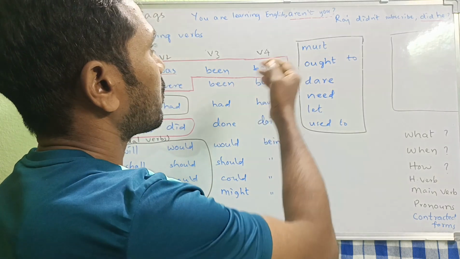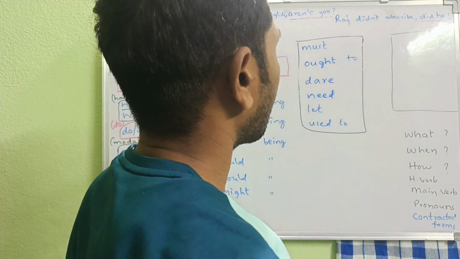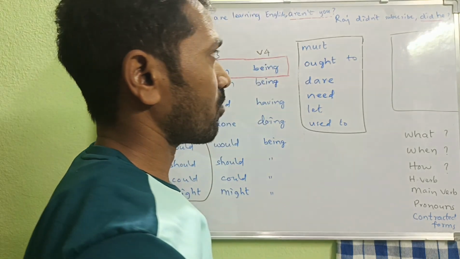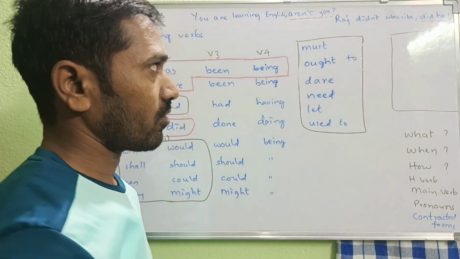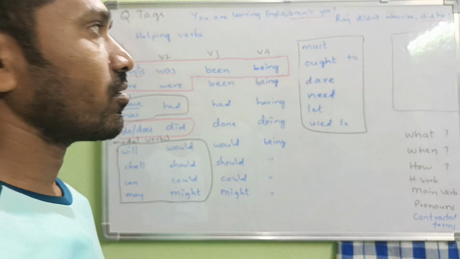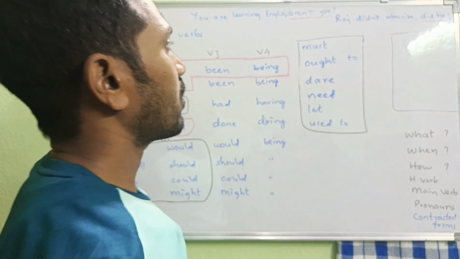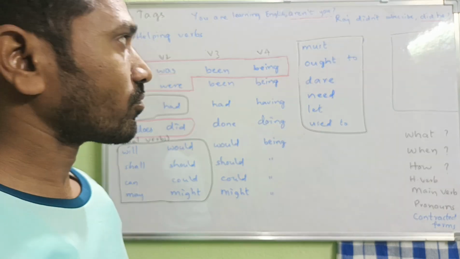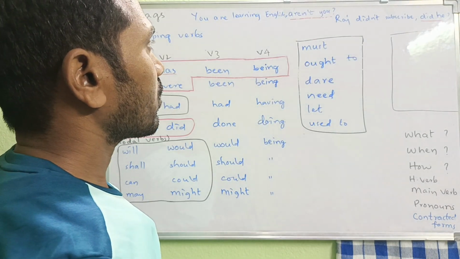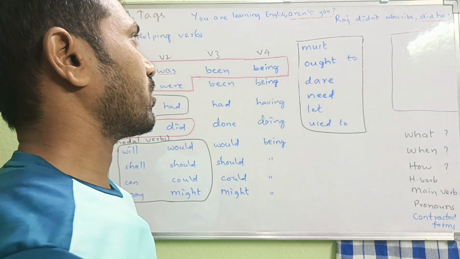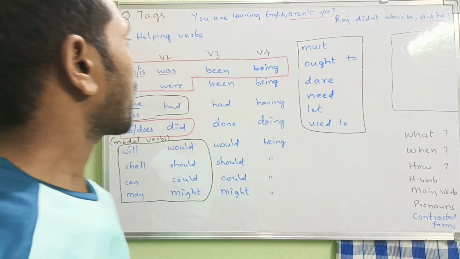And one more example: Raj didn't subscribe, did he? The group of words that I added here is to get the confirmation from the listener.